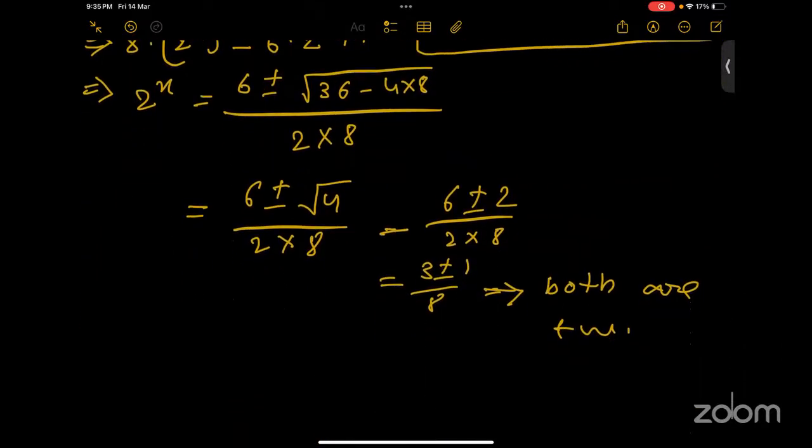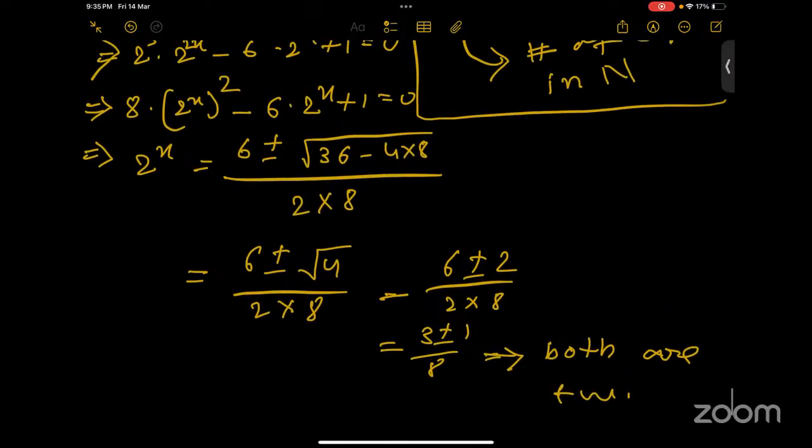So basically, we have to make sure that the equation is arranged in such a way that we arrive at a, b, c, a quadratic equation in 2 to the power of x. Ma'am, why should it be positive? 2 power x is an exponential function, so its range cannot be negative.